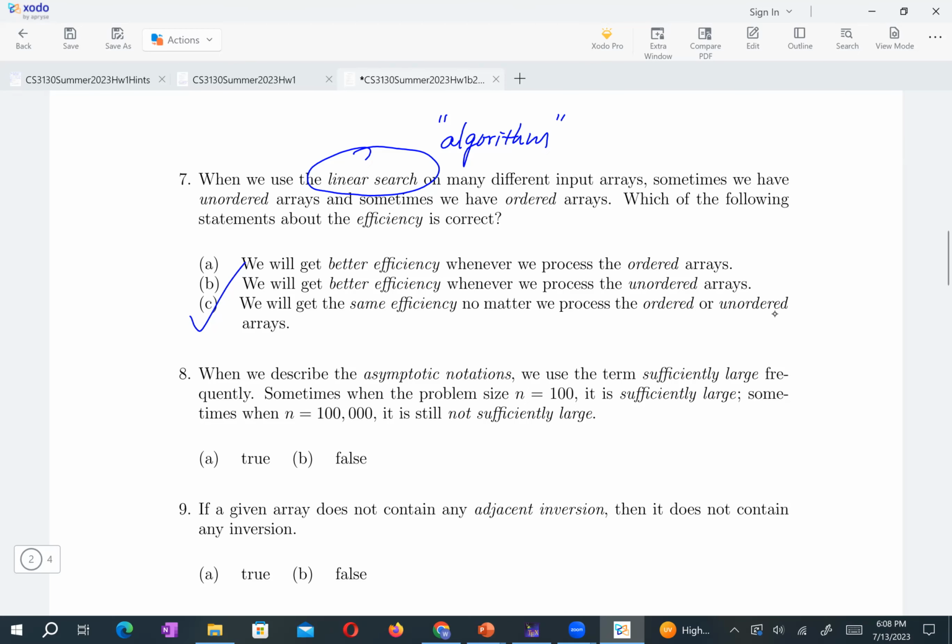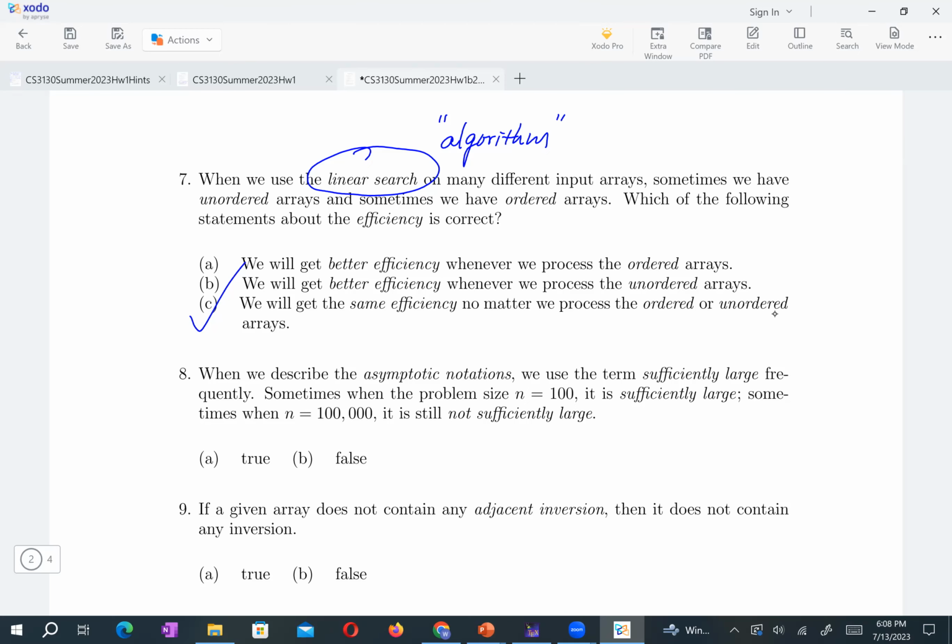Then you process many different inputs. Sometimes we have unordered arrays and sometimes we have ordered arrays. Which of the following efficiency statements are correct? First one, we will get better efficiency whenever we process ordered arrays. Imagine, although you enter an ordered array, the computer cannot see it. The computer is blind.